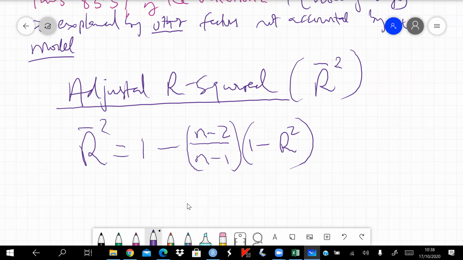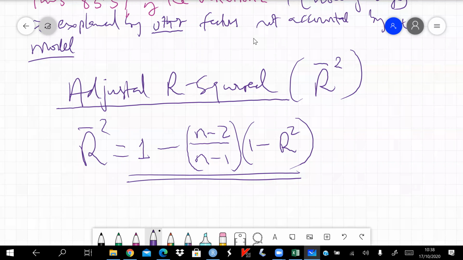We may not want to go into the details of how it is derived, but we use the adjusted R squared to take care of the effect of an increase in the number of variables. This one is not very much affected by the increase in the number of variables, so it's more realistic than the R squared.